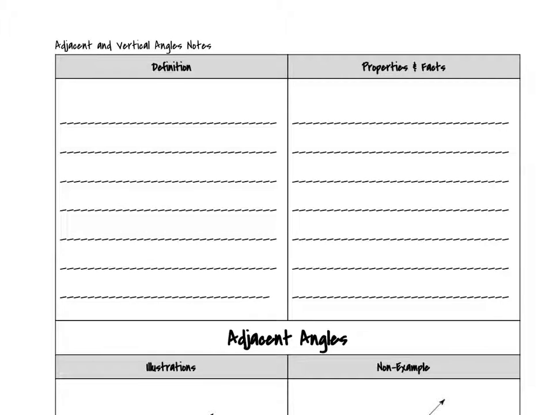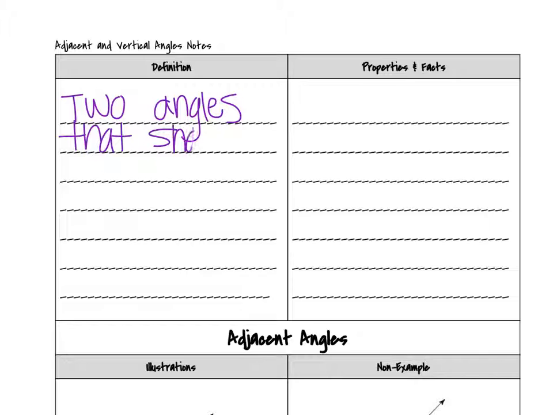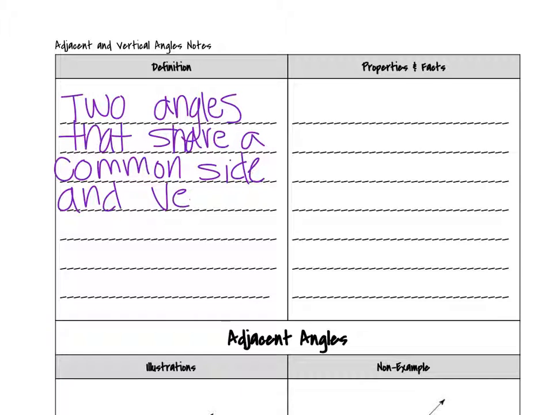So, adjacent angles are two angles that share a common side and vertex.